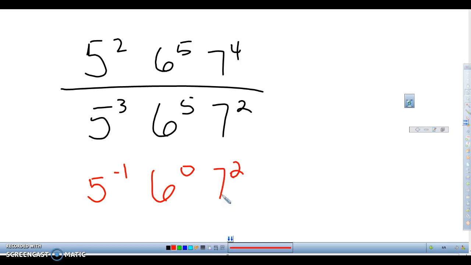So I have 5 to the negative 1, 6 to the 0th, 7 squared, which isn't totally simplified yet, because this should really be 1 over 5 to the first, which is just 5. Anything to the 0th power is 1. And then this can stay as 7 squared. So if I rewrite this, that would be 7 squared over 5.